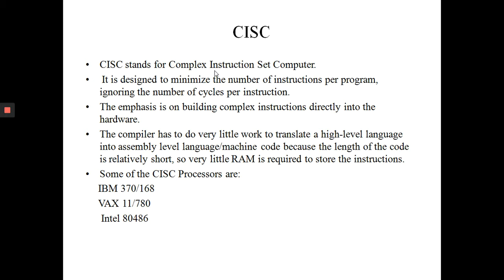Because the length of the code is relatively short, very little RAM is required to store the instructions. Some of the CISC processors are IBM 370/168, VAX, VAX 11/780, Intel 80486.